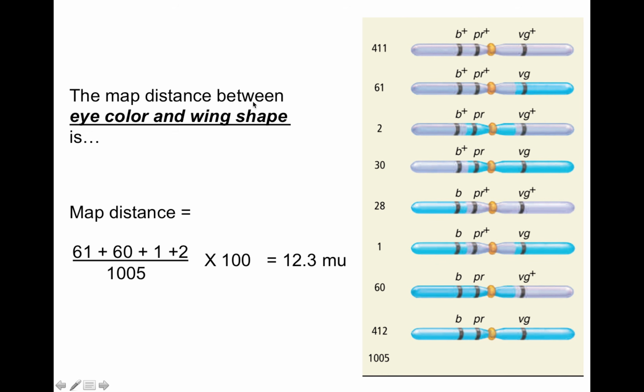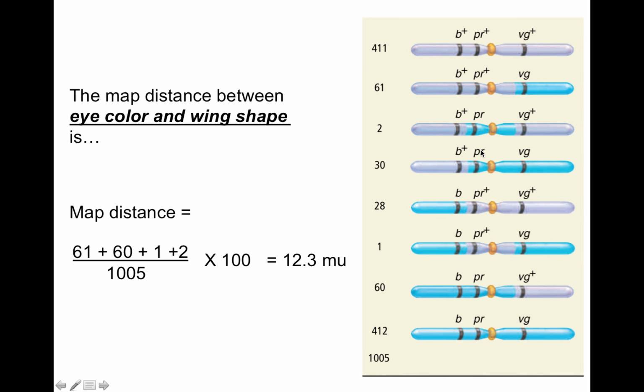The map distance between eye color and wing shape is, let's see, eye color is the purple and wing shape is vestigial. So here's a recombinant between those two. This was wild type, and this was vestigial. This is the recessive, which is different from the parental combination up here. So here's a recombinant. Here's another recombinant. This is not a recombinant.